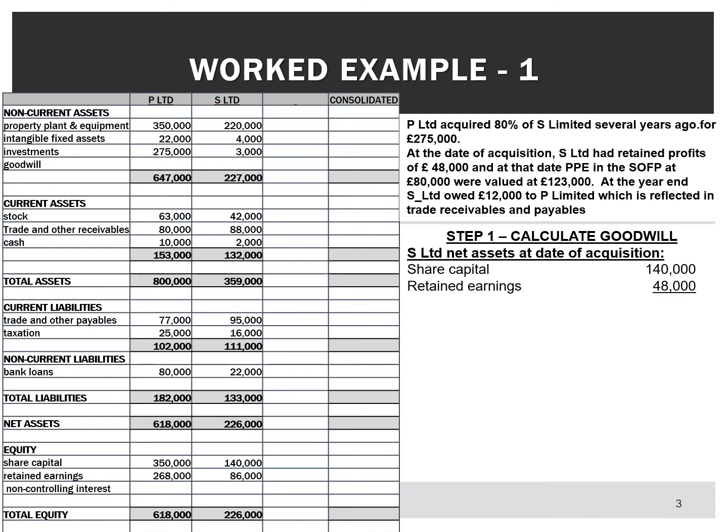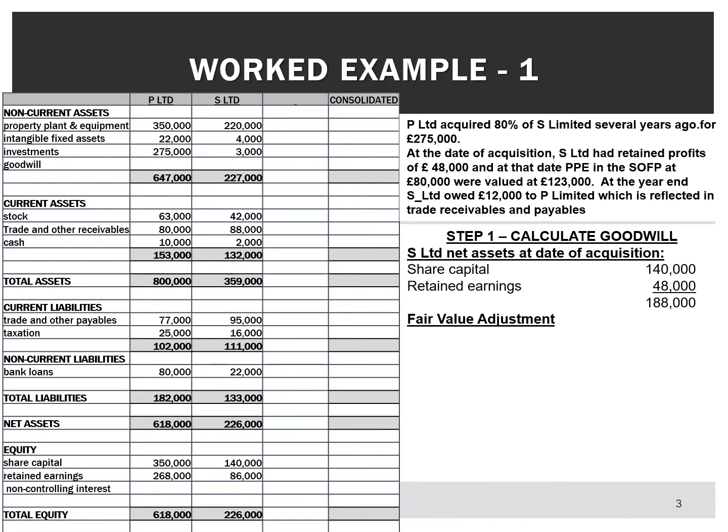That's what the balance sheet total would have been of S Limited at the date we became an 80% shareholder. But that doesn't reflect how much S Limited was actually worth at that date, because some of the assets were worth more than their book value, and so we have to make a fair value adjustment to take account of the difference between market value and book value of those assets, and that comes to £43,000.